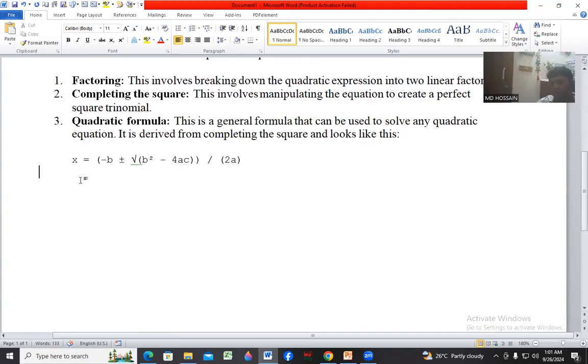The formula for solving the quadratic equation is x equal to minus b plus minus root over b square minus 4ac divided by 2a. This is the basic formula. We try to solve the quadratic equation in so many ways. Sometimes we use the formula. So that's all the basic regarding the quadratic equation.